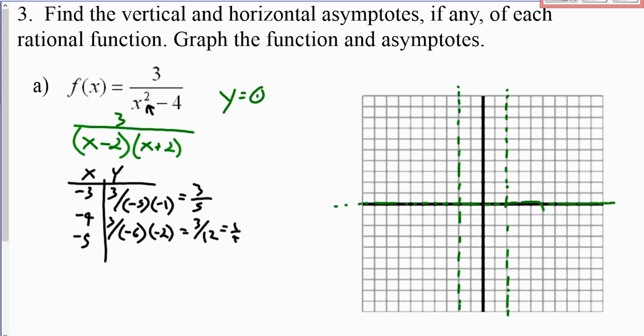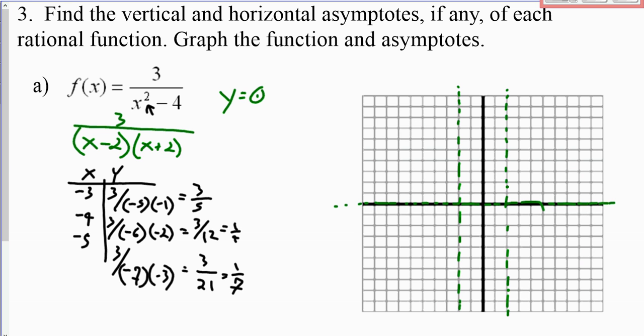So we're getting smaller. And I should start recognizing a pattern that, all right, I'm going to remain being positive, and this value is going to get smaller and smaller. I can do one more test here, and I get -7 and -3. So I get 3 over 21, which is 1/7.